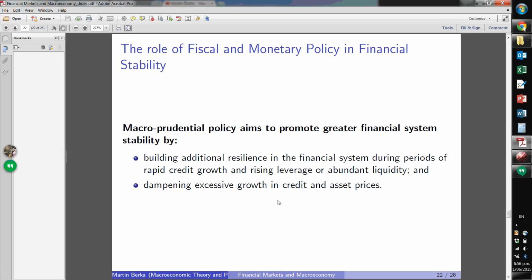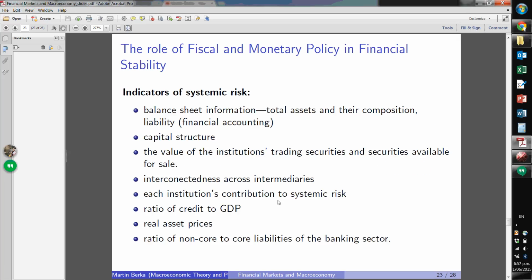And so the goal of the policy is to build additional resilience in the case of crisis, particularly in the financial systems, and dampening excessive growth in credit and asset prices. So there are things that the central banks can do, but they are not the standard policy toolbox.